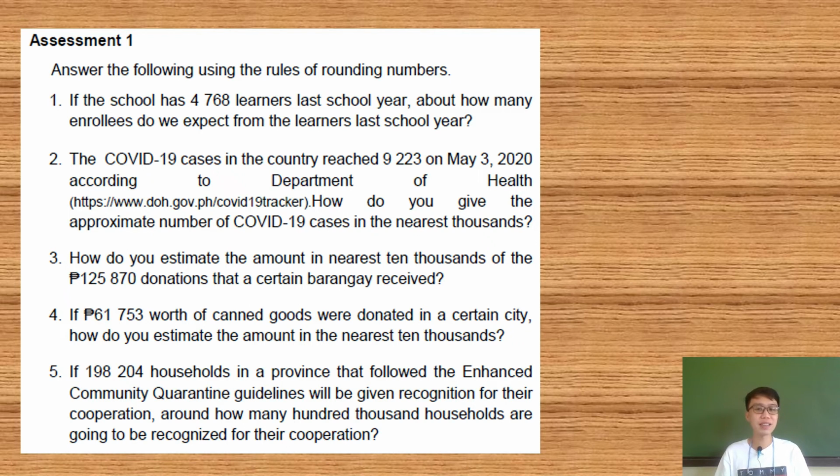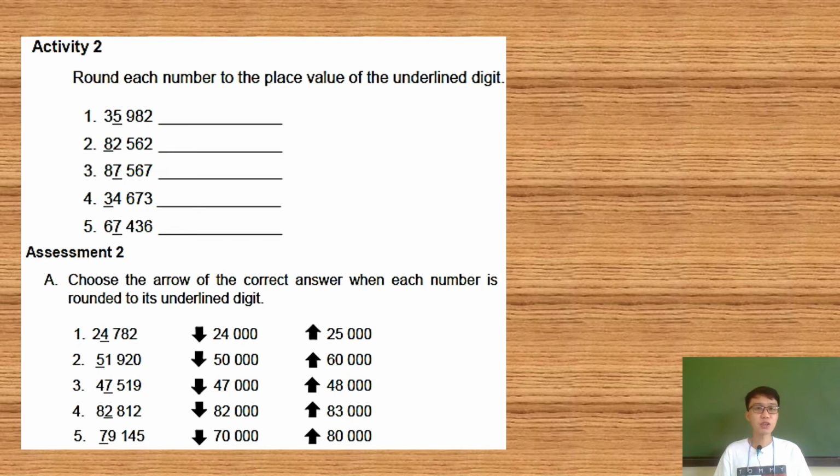I'll give you a few minutes to finish this activity. For activity 2, round each number to the place value of the underlined digit. For assessment 2, letter A, choose the letter of the correct answer when each number is rounded to its underlined digit.